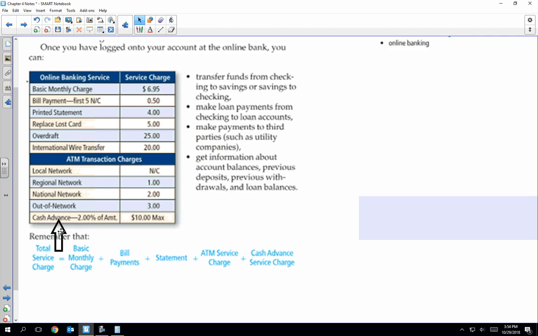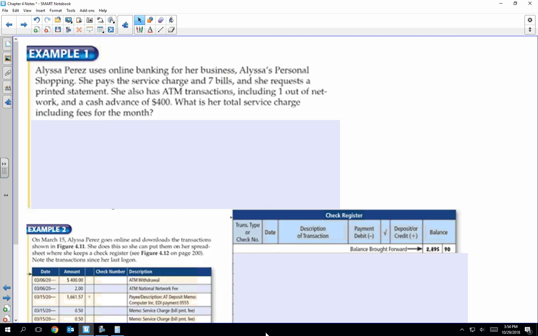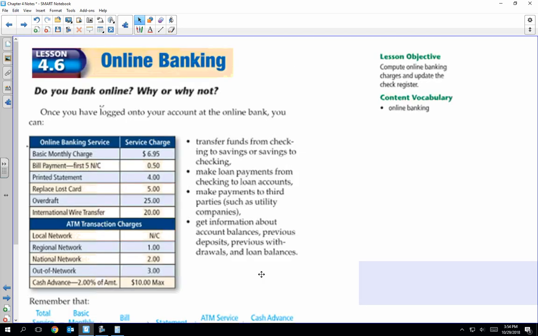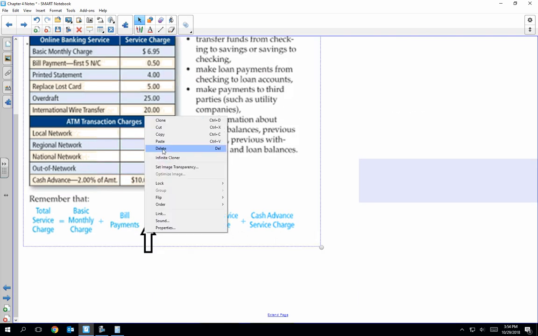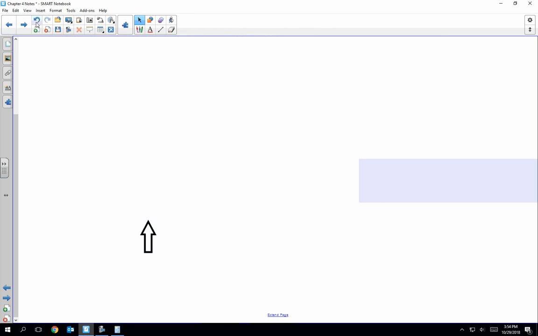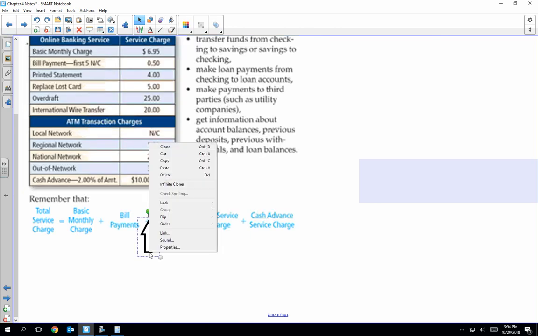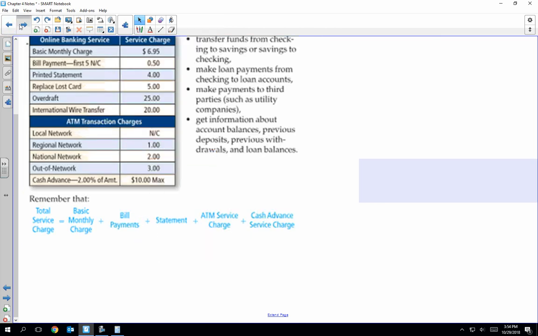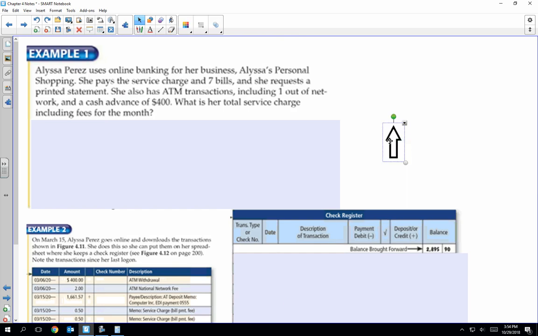Please note that the cash advance charge is 2% of your total amount. Remember, we multiply our amount by 2% to get that. Okay, let's try it. So our buddy Alyssa uses online banking for her business, Alyssa's Personal Shopping.